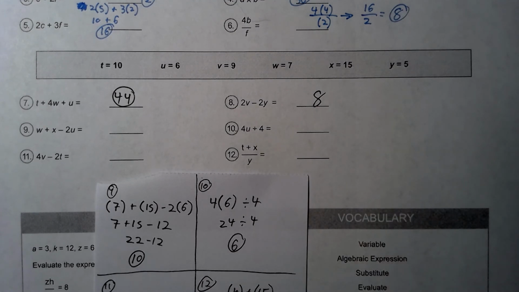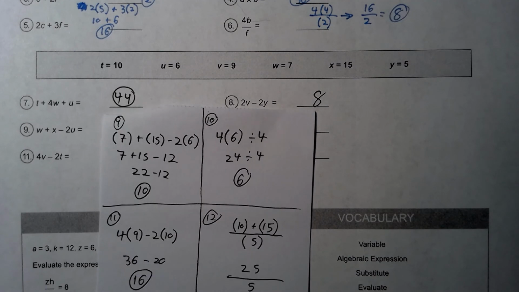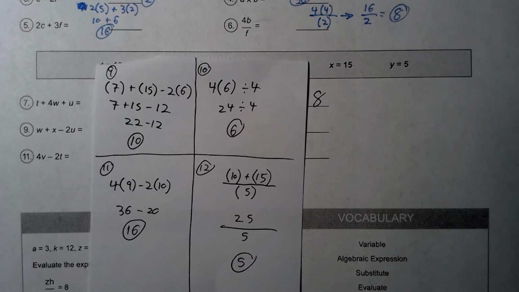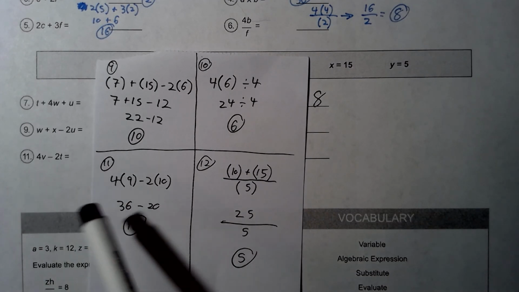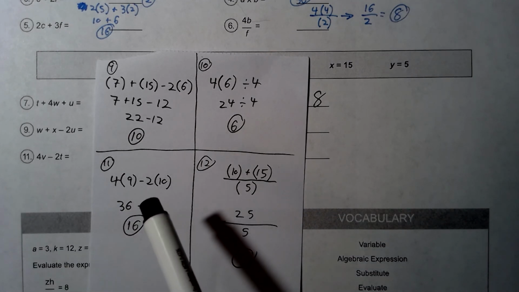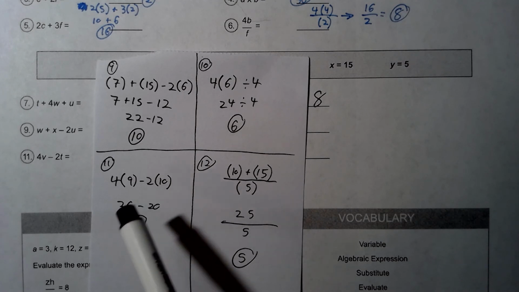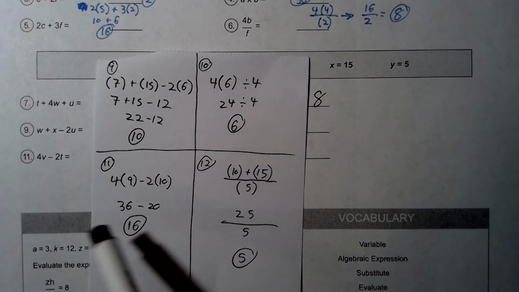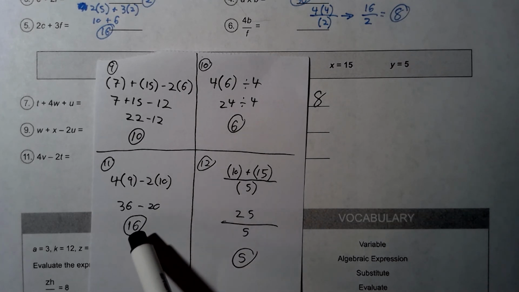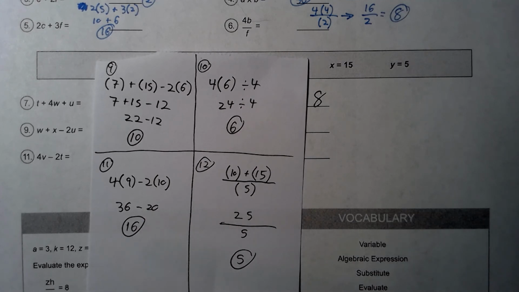For number 11, we have to replace the v with a 9 and t with a 10. That will give us 4 times 9, which is 36, and 2 times 10, which is 20. We will subtract them and get 16.